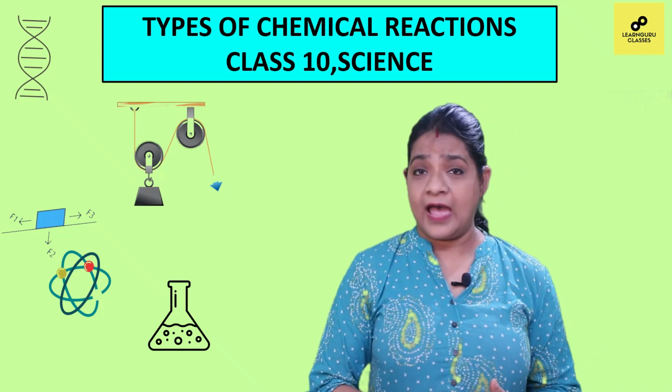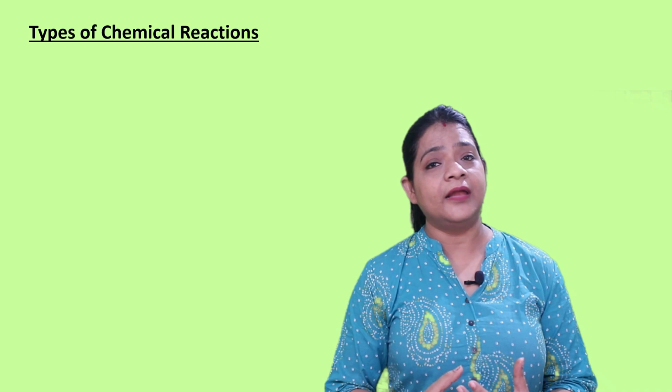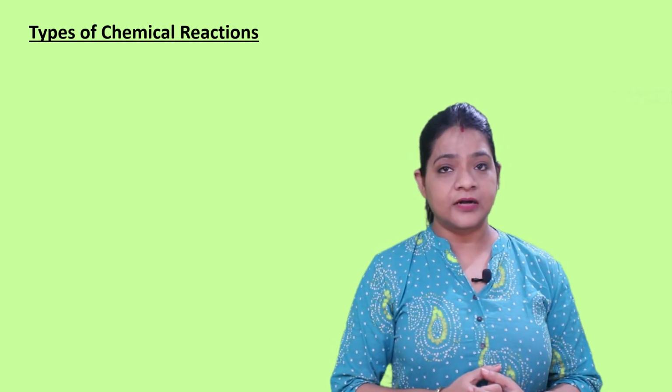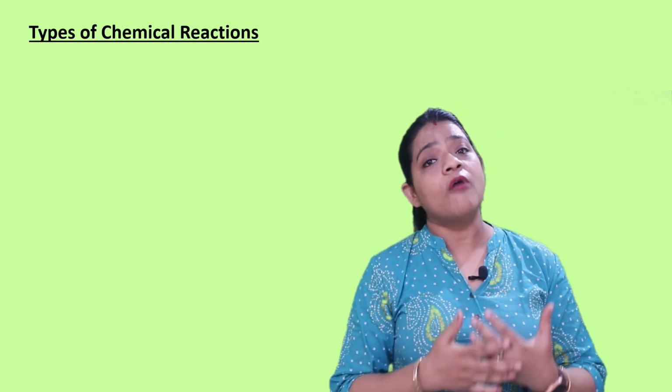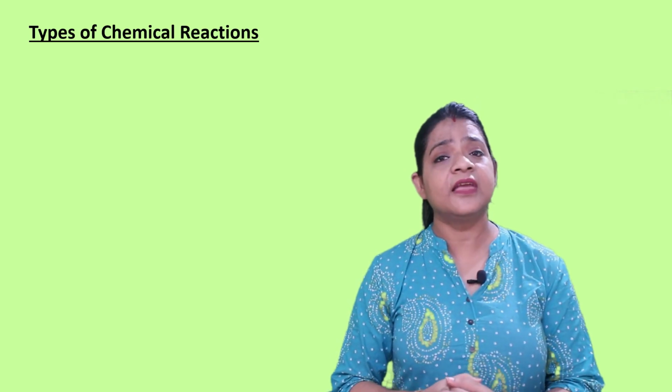We all know that in a chemical reaction, the reactants combine together to form new substances that we call products. Based on the reactants, the products are formed. Based on the number of reactants that give rise to new products, chemical reactions are basically categorized into 5 types.